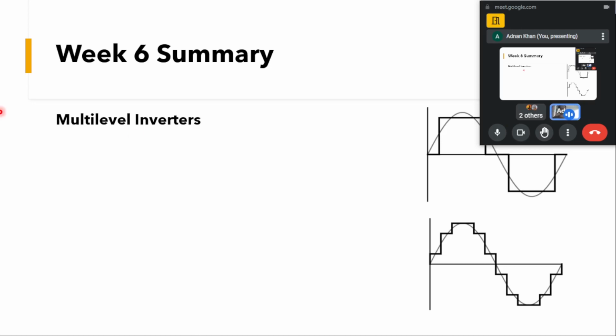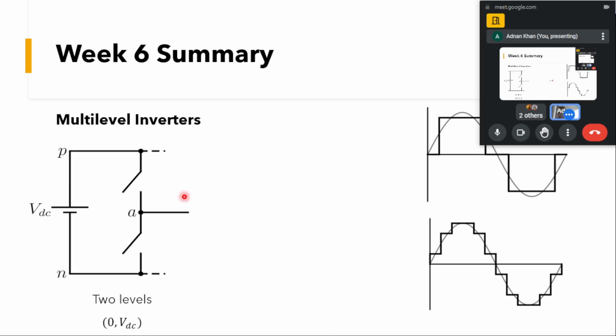First we had this topology, and as we saw earlier, when this top device is turned on, we get a VDC voltage, and when this bottom device is on, we get 0 voltage. So we are able to generate two levels only, 0 and VDC.